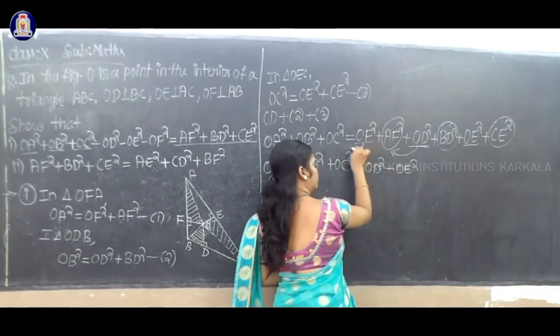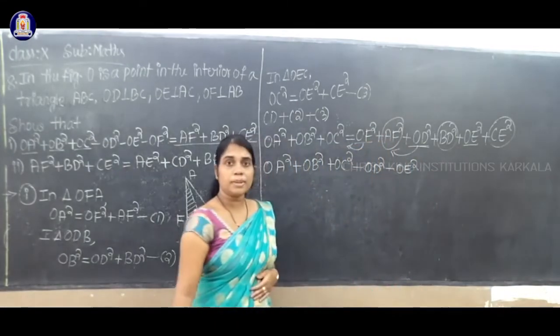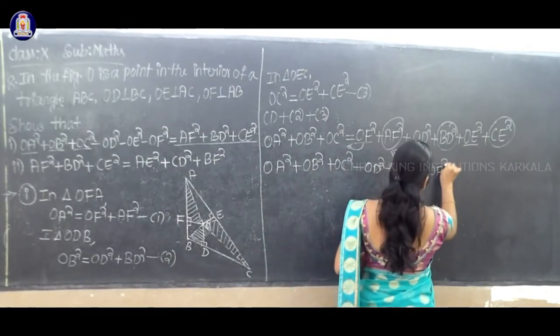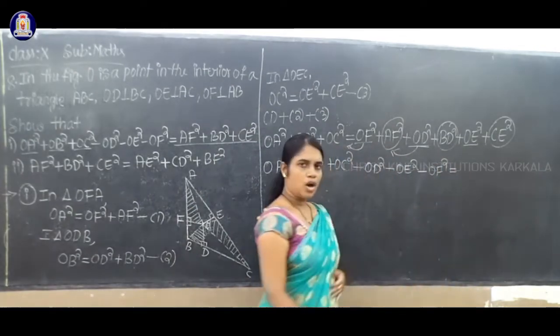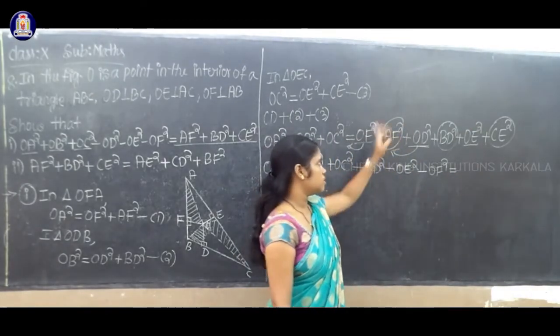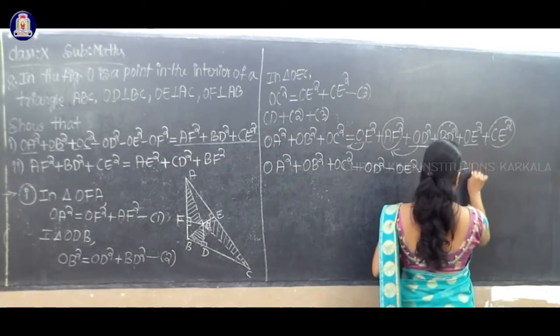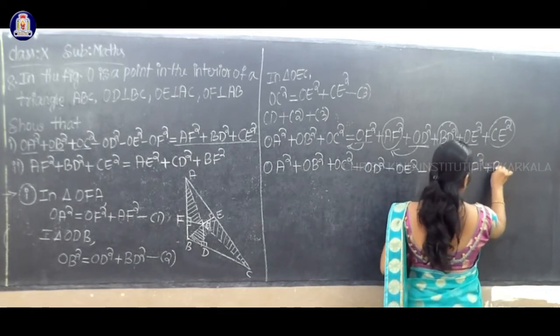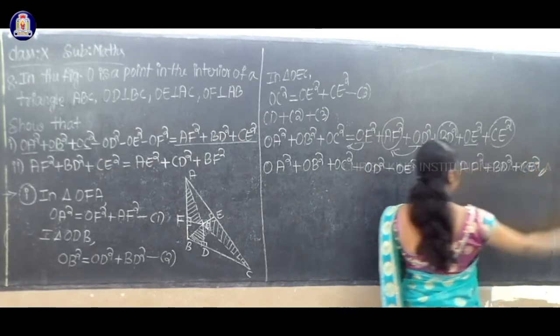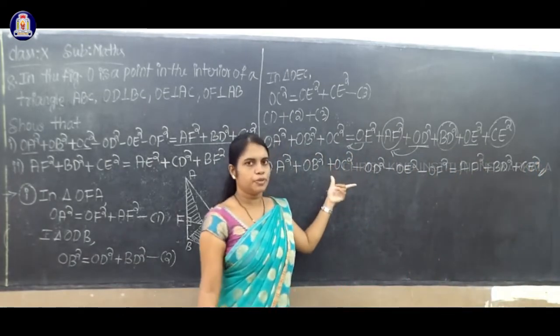While this OF comes to the left hand side, it will become minus OF square, equal to, now write the remaining terms in the right hand side. Which are the remaining terms? AF square plus BD square plus CE square, isn't it? So this is what we have to prove, isn't it?